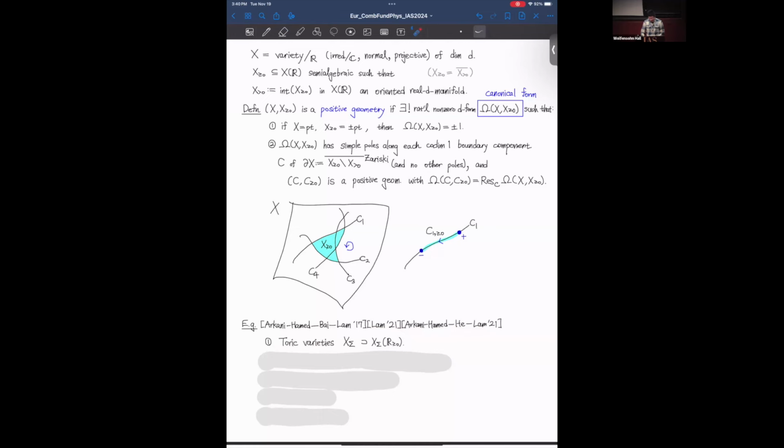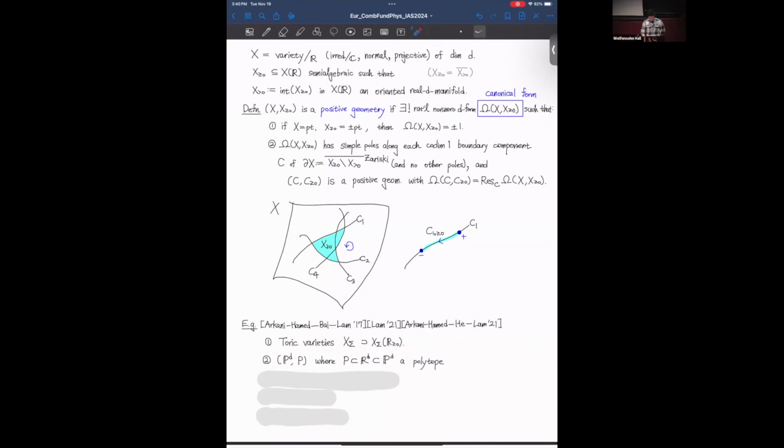So for instance, toric varieties, which are some things I really like, have a notion of non-negative region. And turns out with that, it is a positive geometry. In this case, what's called a log cotangent bundle of a toric variety is already trivial, so there's not much one can do. And turns out it's a positive geometry, so it's not too hard to check.